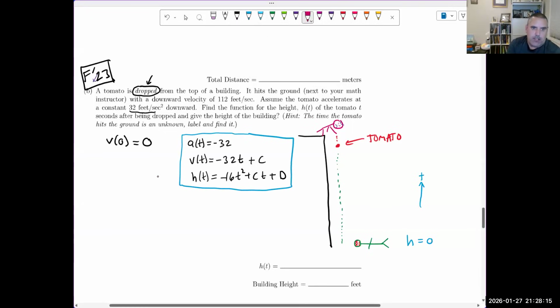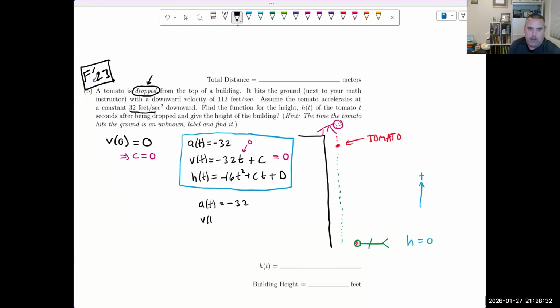The initial condition says that when this is zero, this whole thing is zero, and that forces C to be zero. So that really cleans up the problem a lot. So I can say the acceleration is negative 32. The velocity is negative 32t plus zero. And the height is negative 16t squared plus d. So in fact, if the question says dropped, then those are your equations.